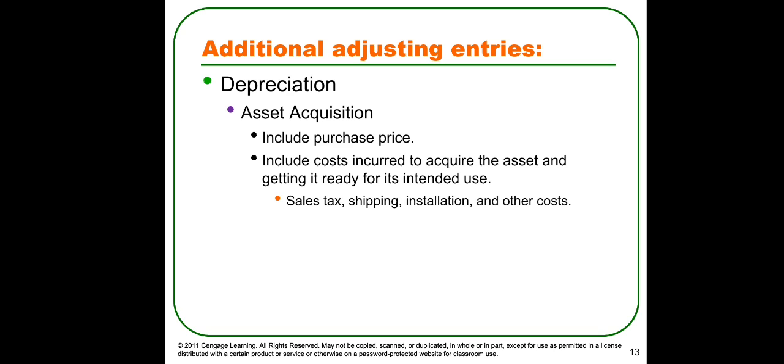The value of a fixed asset purchased by a business has to include the purchase price plus the cost to acquire the asset and get it ready for its intended purpose or use. For example, sales tax, shipping, installation, insurance, etc.